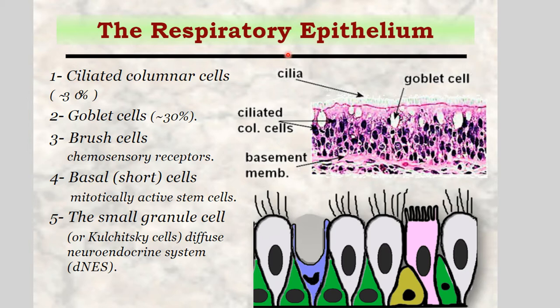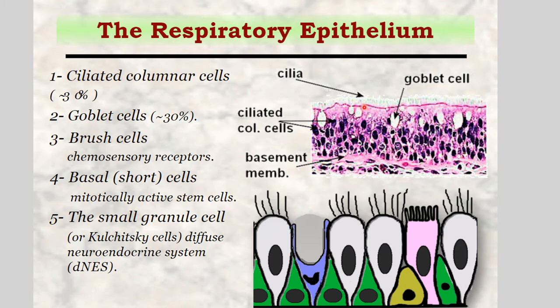It is made up of pseudo-stratified columnar ciliated epithelium, also known as respiratory epithelium, containing 5 types of cells: ciliated columnar, almost 30%, goblet cells, 30%, brush cells, basal short cells, the small granule cells.